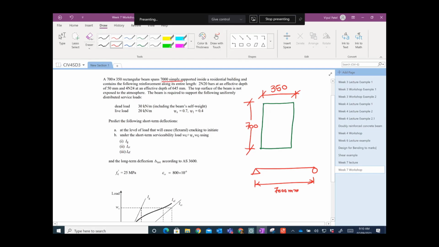That is given here. The beam contains the following reinforcement along the entire length: 2 N20 bars at an effective depth of 50 and 4 N24 bars at an effective depth of 645.